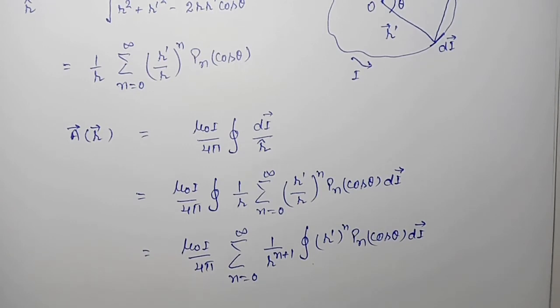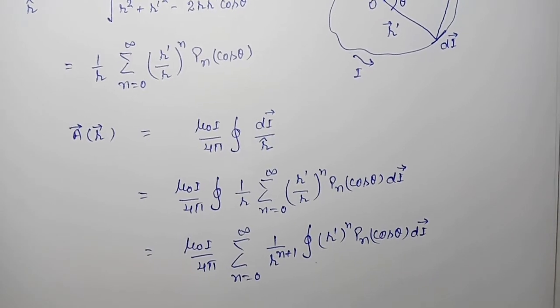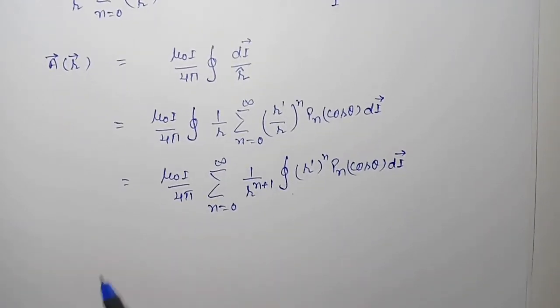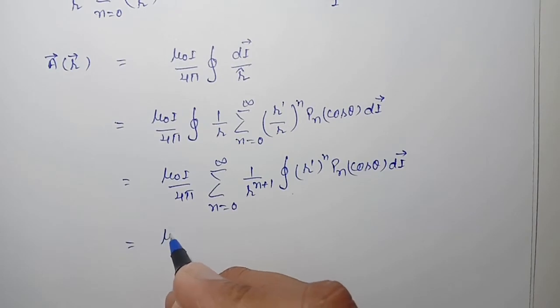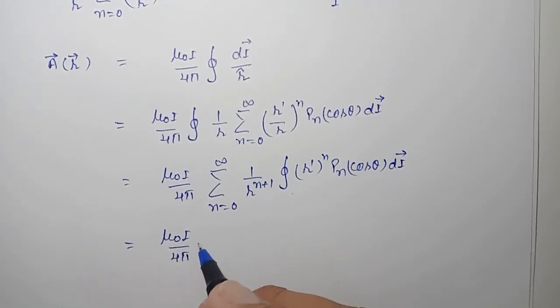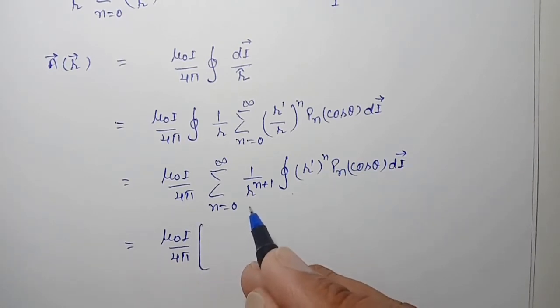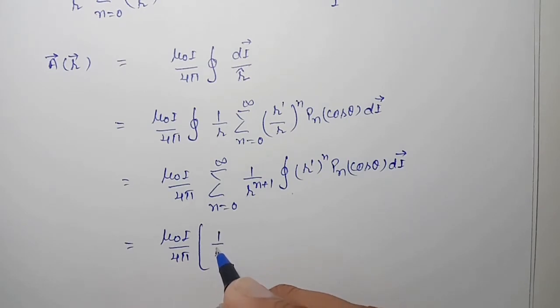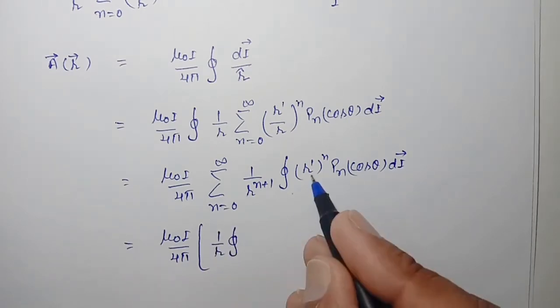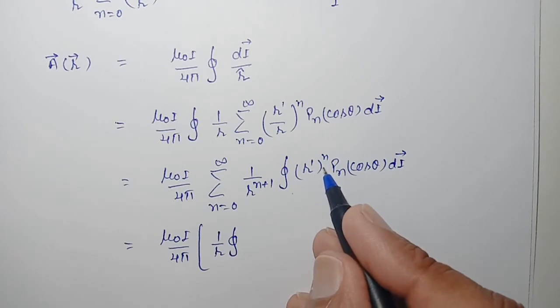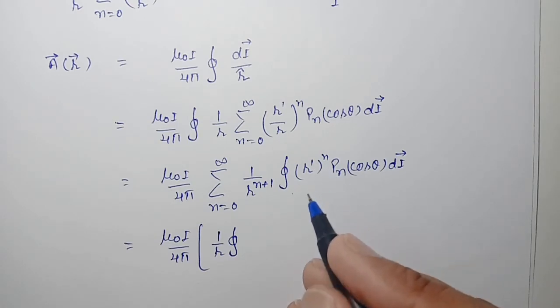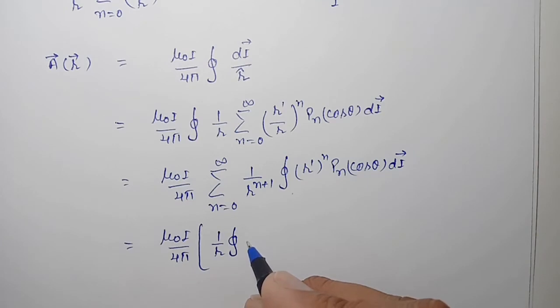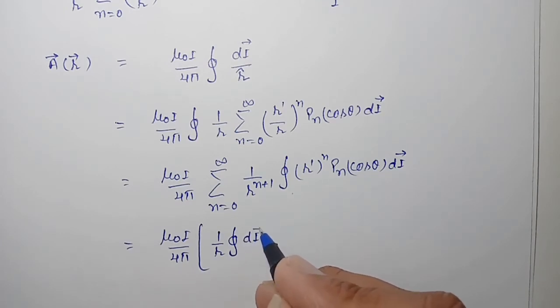So now we will expand this equation, that is, the limit varying from n equals 0 to infinity. The first point here is mu naught I over 4 pi. When n equals 0, we can write 1 over r, because r dash to the power n, with n equals 0, is equal to 1, so we can write this as dl.